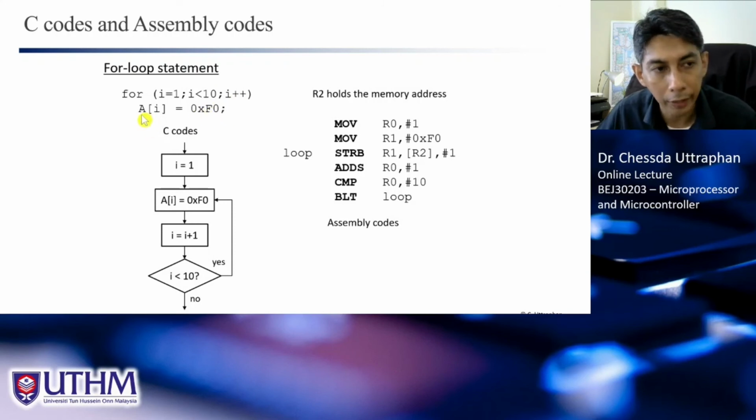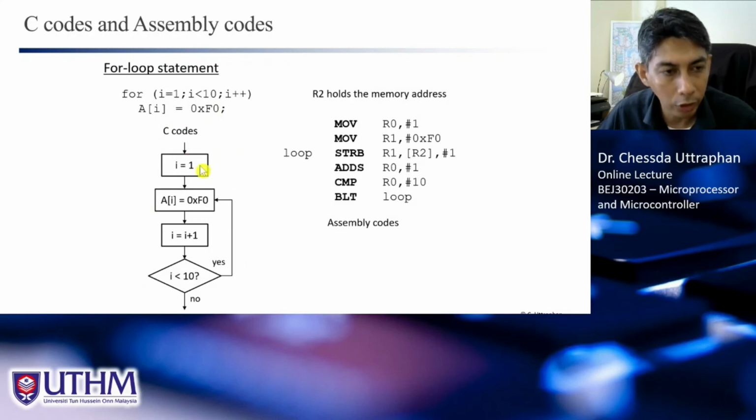So we will have A1 equal to this, A2 equal to this, until A9, right? Because then 10 is untrue already. All right, we have A1 until A9 equal to this by using this for loop.